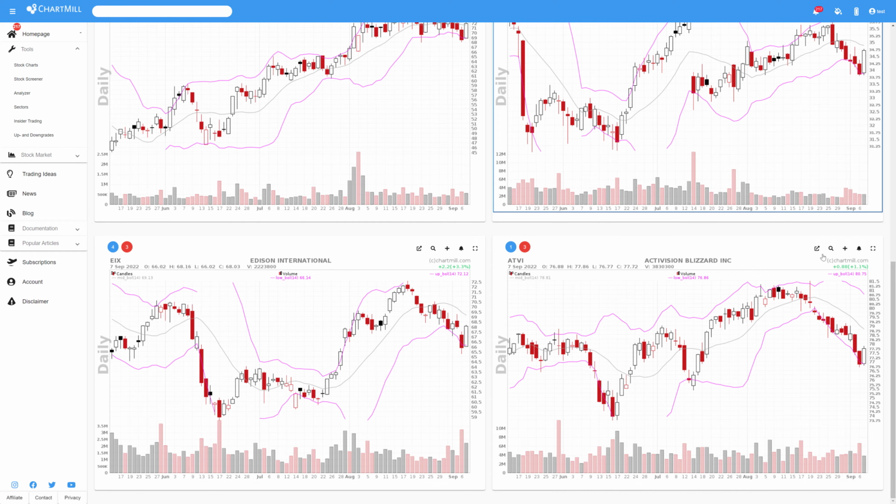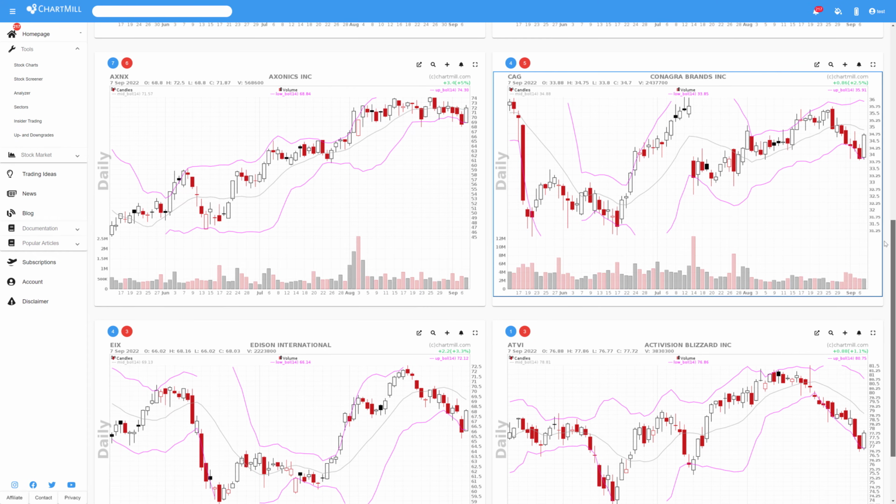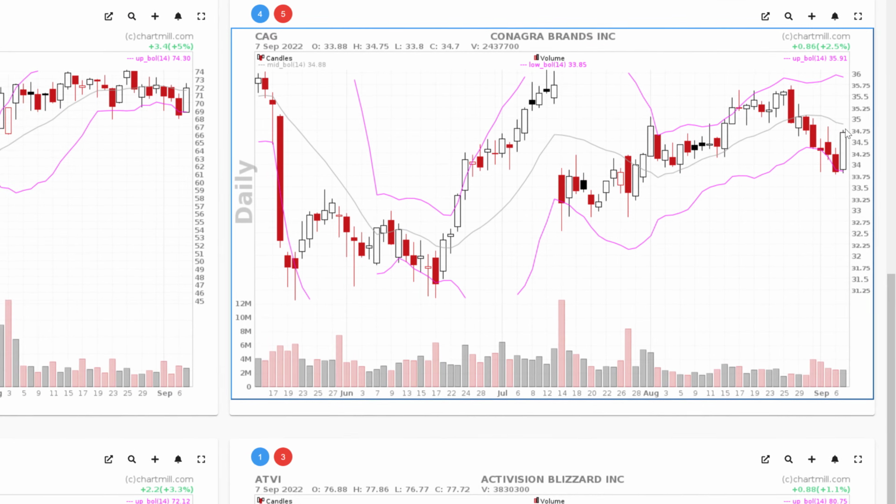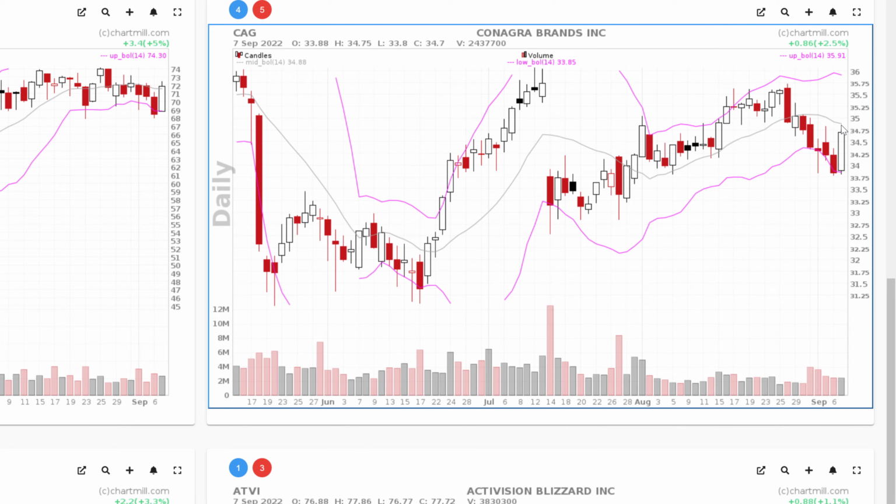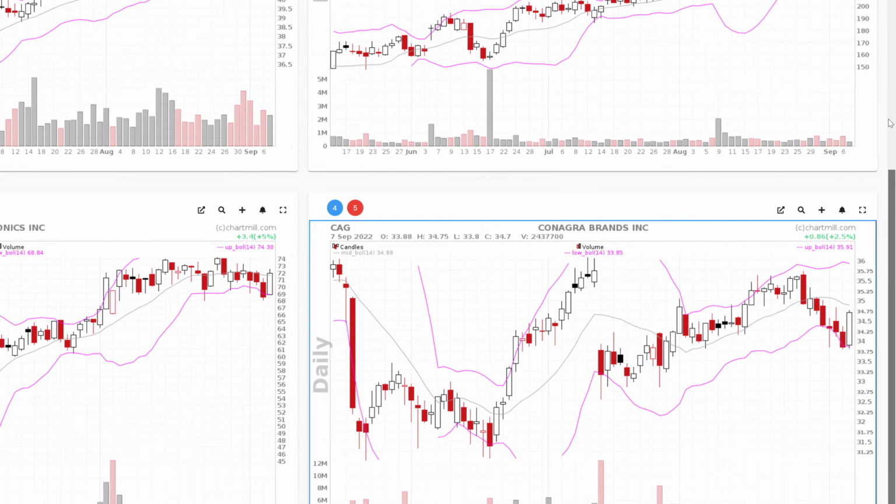So this is the first screen based on the Bollinger Bands, and this screen is quite strict because one of the filters is that the closing price of the last candle has to be above the high price of the previous candle.